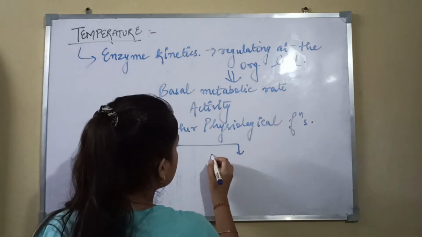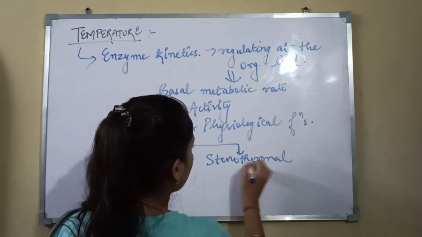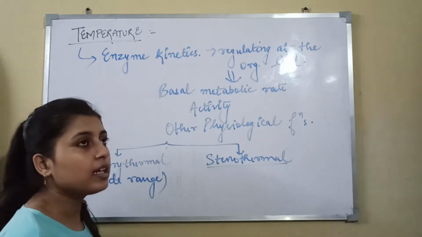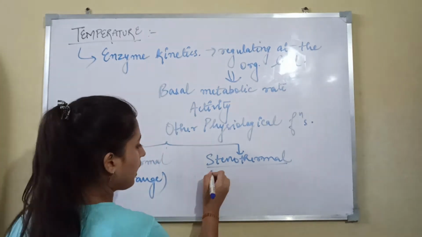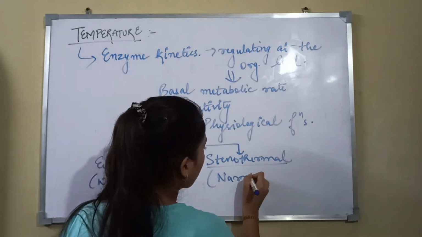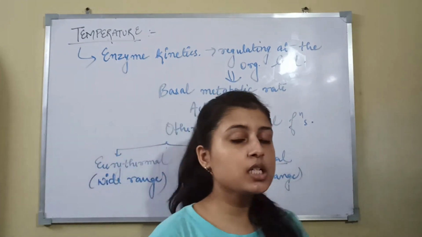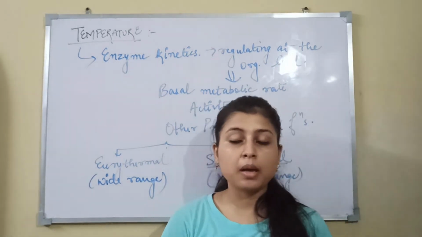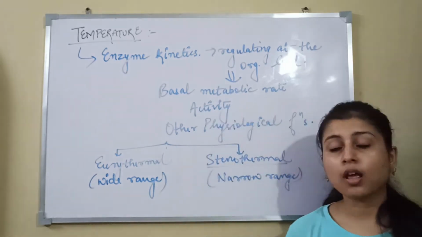And the other one is stenothermal. Stenothermal ones are those organisms which can live only in a very narrow range of temperature. Okay? Look at us, we can live in minus degrees Celsius also and at 48 to 50 degrees also.